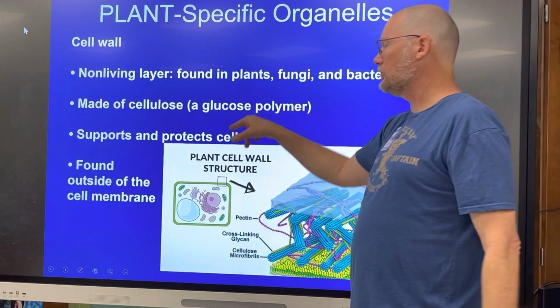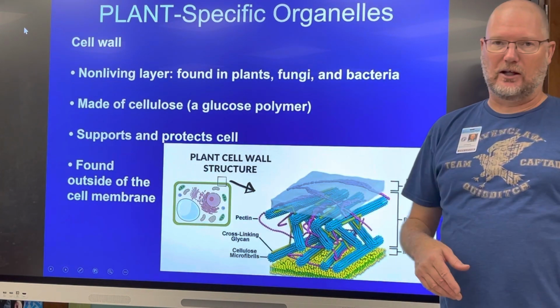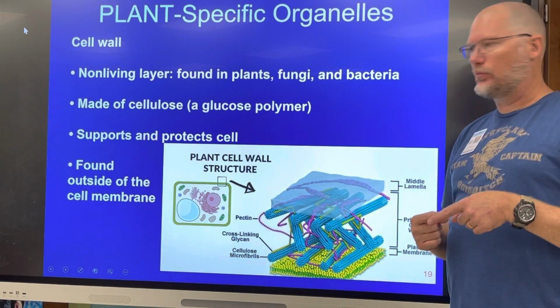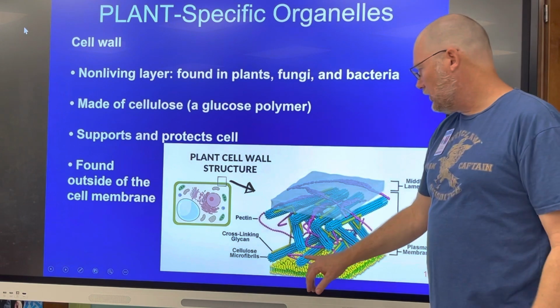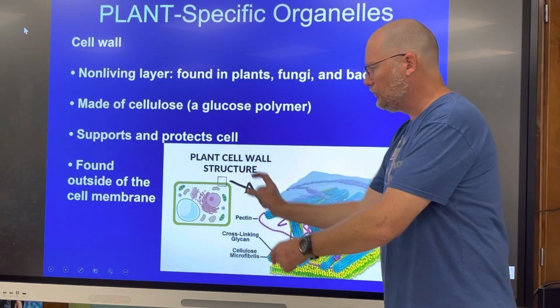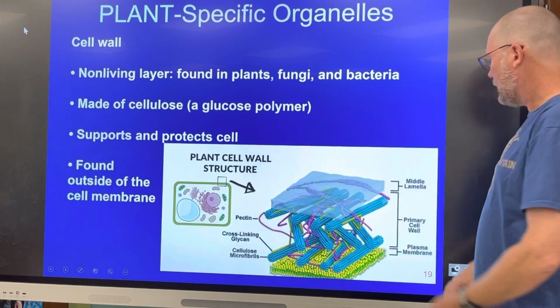It's just cellulose. Its purpose is to support and protect the cell, and it's found outside of the cell membrane. So here is a plant cell, and they take a little screenshot of that tiny piece and blow it up.